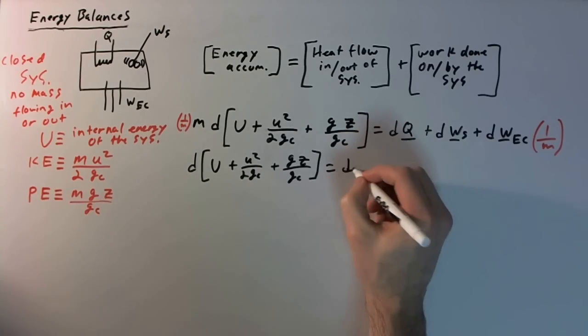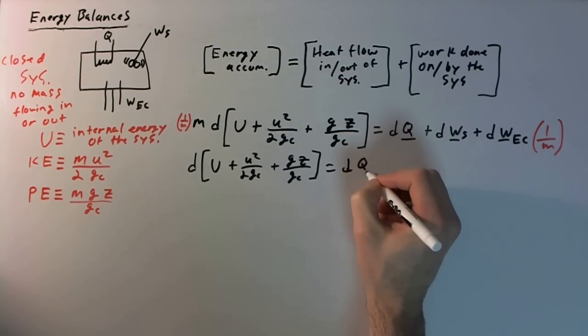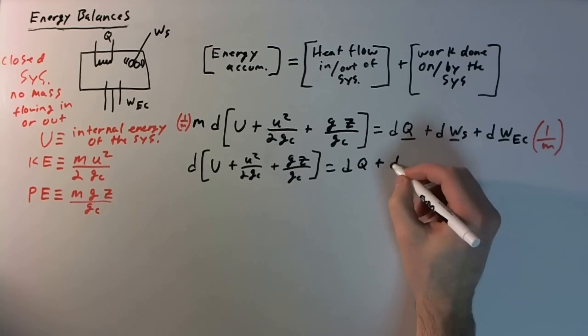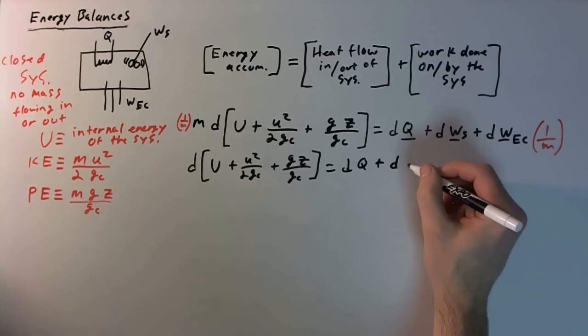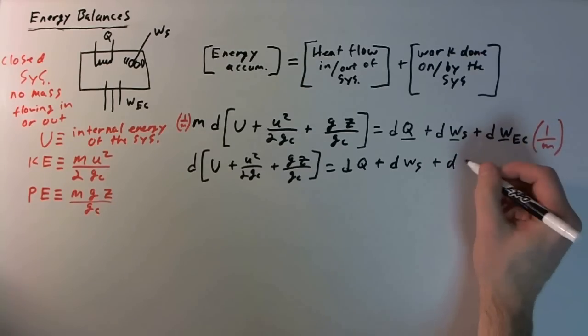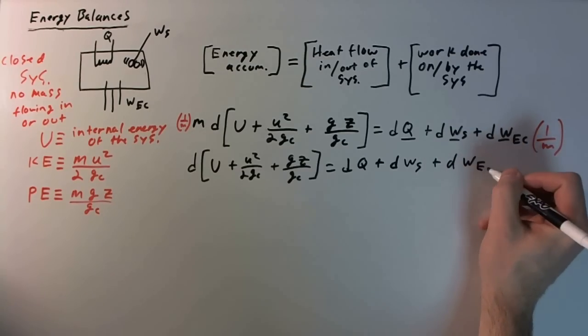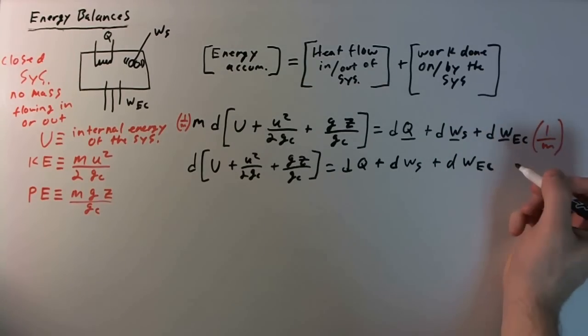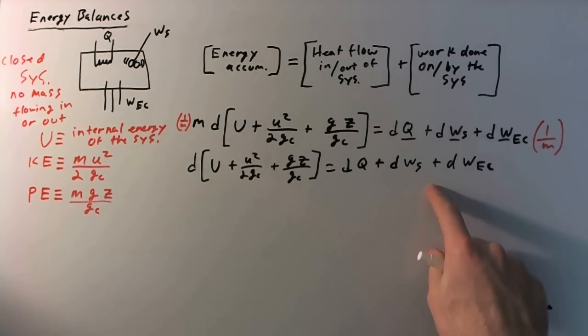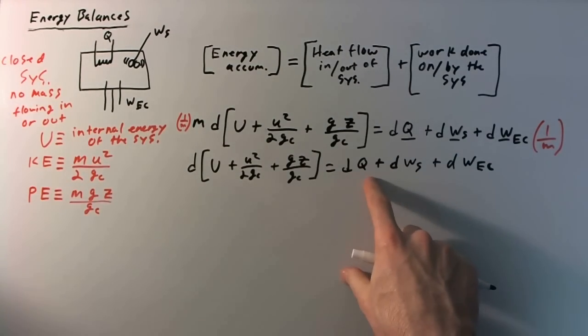So we have the change of q plus change of shaft work plus change in expansion contraction. So we've converted from extensive to intensive, so these are now in energy per time.